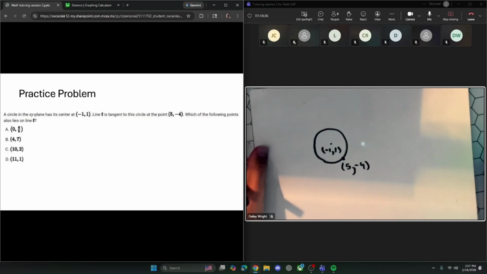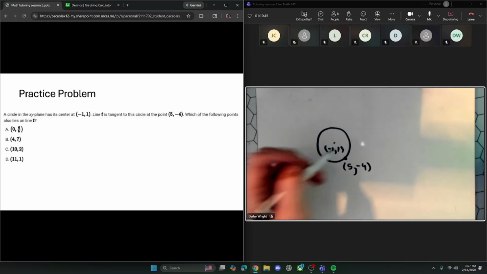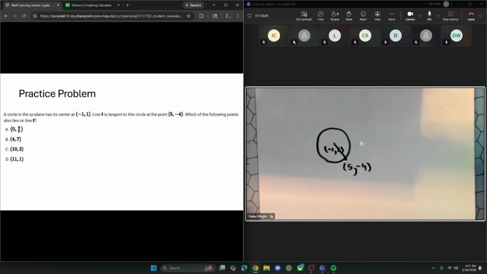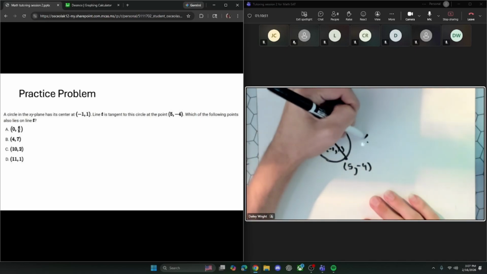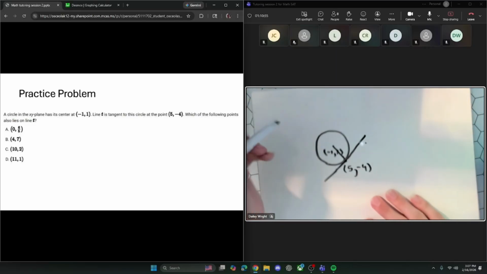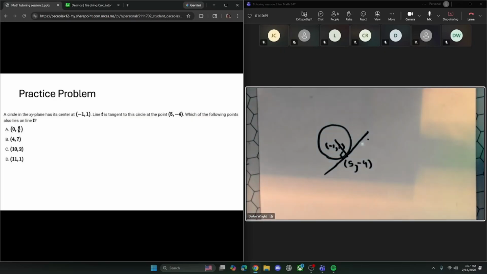So a tangent line to a circle is where it only touches this circle at one singular point. So it's going to be perpendicular to the radius. So this is what a tangent line kind of looks like. It forms a right angle with your radius to whatever point you have.